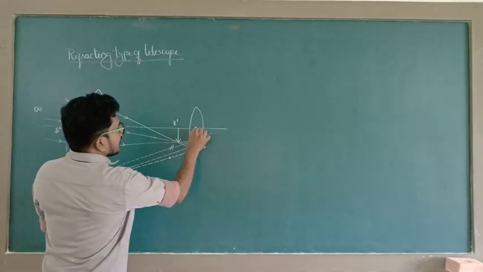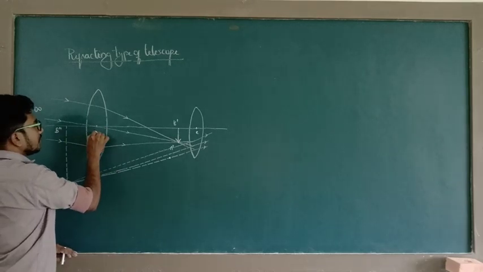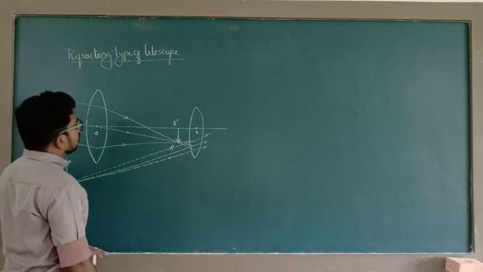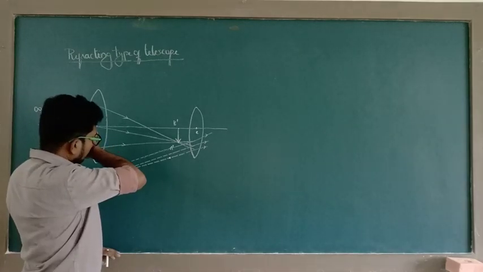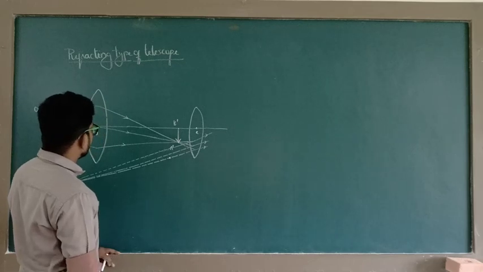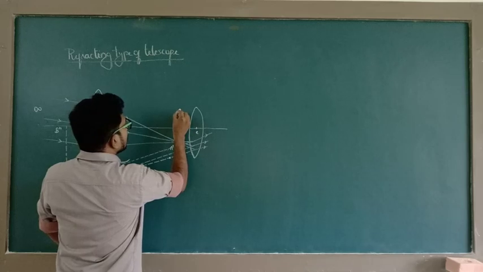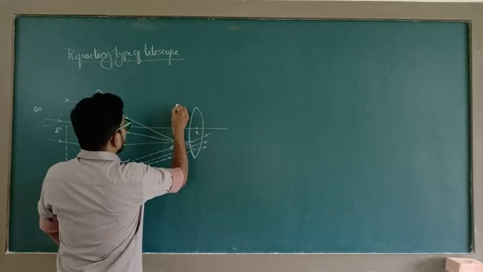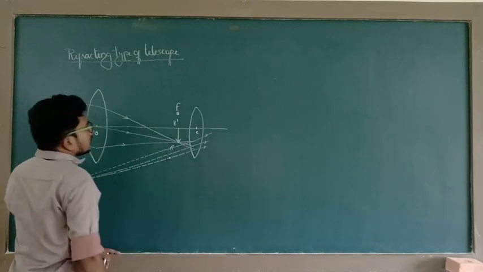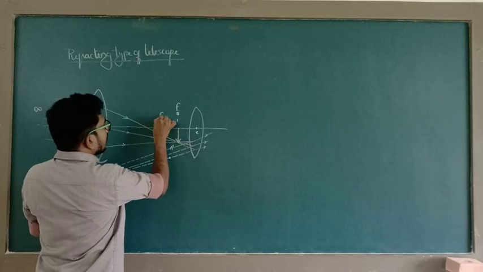So optical center of the eyepiece, optical center of the objective. Focal length of the objective. So let us say this point be the focal length of eyepiece.